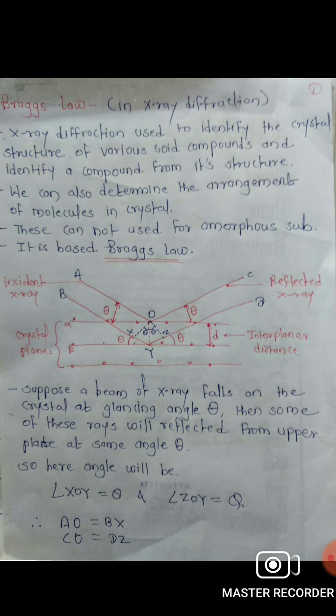Here OZ is the extension of AO and OX is the extension of CO. Then the angle XOY is equal to theta, and the angle ZOY is also theta. The distance of the AO line is the same as BX, and the distance of the CO line is the same as DZ.